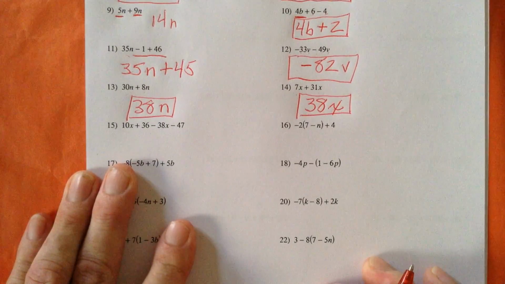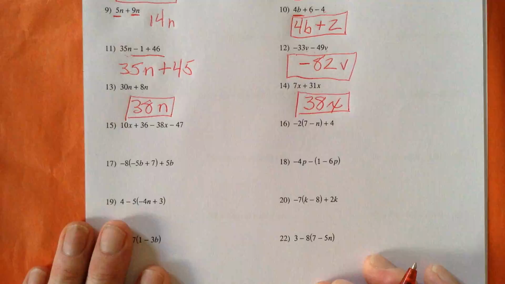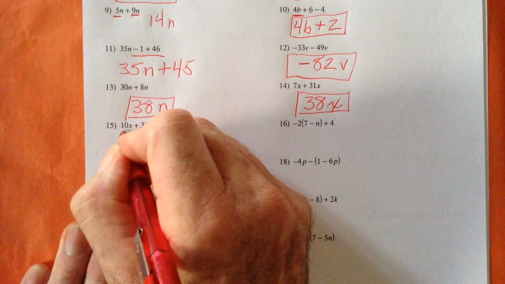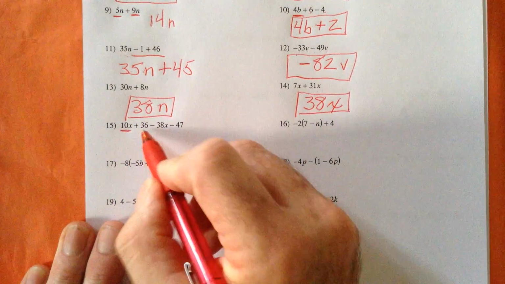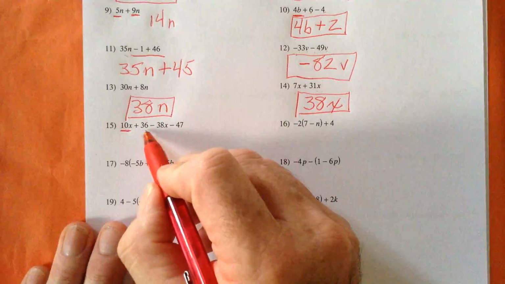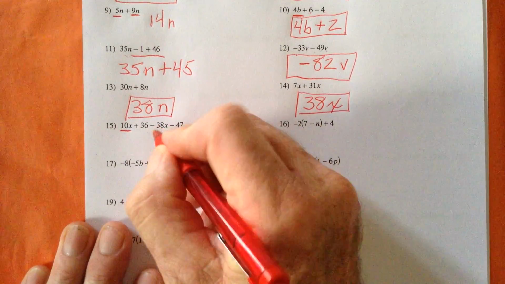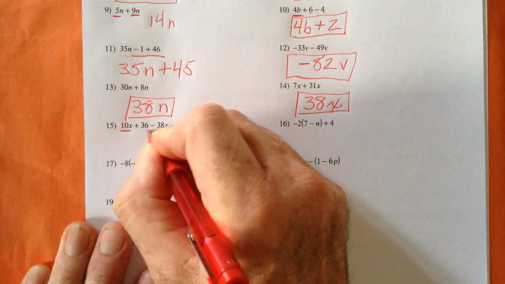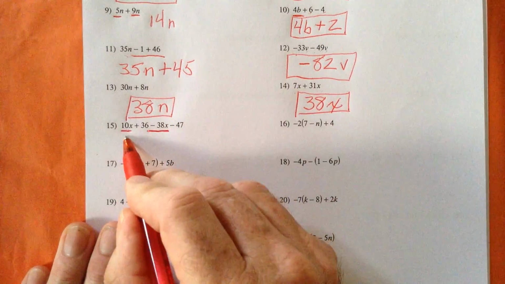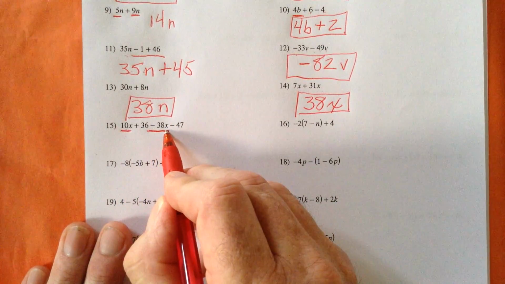Okay, and then 15, I got 10x plus 36 minus 38x minus 47. So here I can put my x terms together. I got 10x minus 38x.